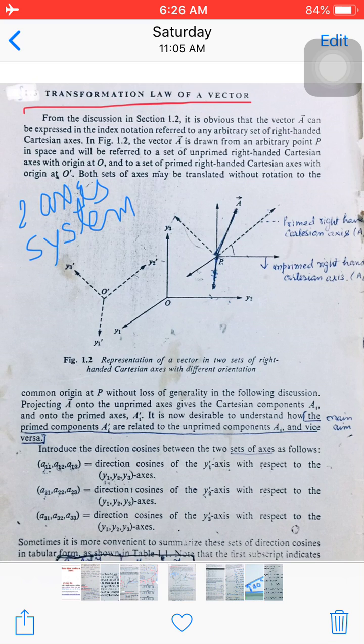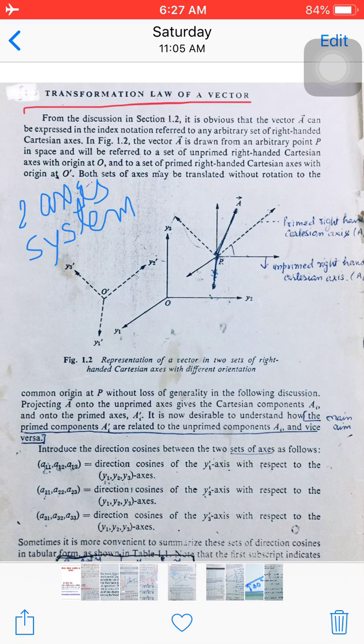Both sets of axes may be translated without rotation to a common origin at P without loss of generality. In the following discussion, projecting A bar onto the unprime axes gives the Cartesian components Ai, and onto the prime axes Ai dash.